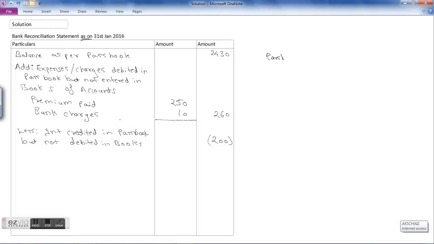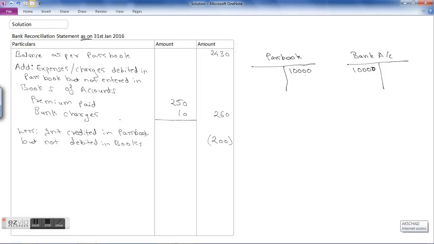Okay, passbook and bank account. Now, this is showing a credit balance as per passbook and bank account. Let's take a credit balance of 10,000 as per passbook, and the same as per bank account debit balance. This is just for our rough work.